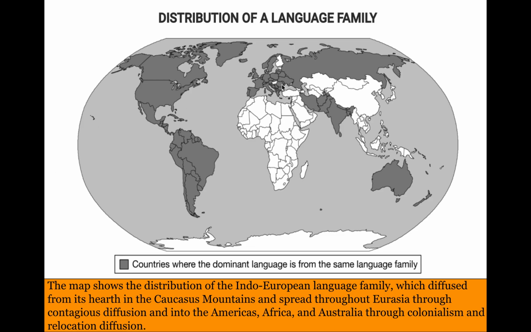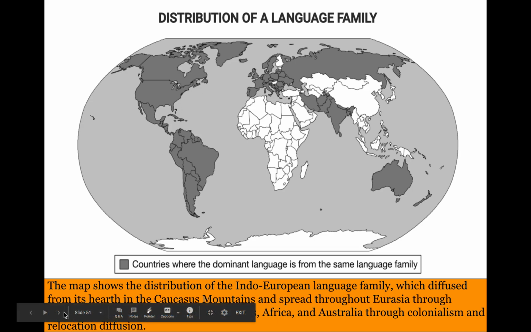That would be this region right here, Caucasus Mountains, and spread throughout Eurasia and through contagious diffusion into the Americas and parts of Africa. Later it was colonized, and Australia through colonization, a penal colony. Again, that was brought through contagious diffusion and relocation diffusion.